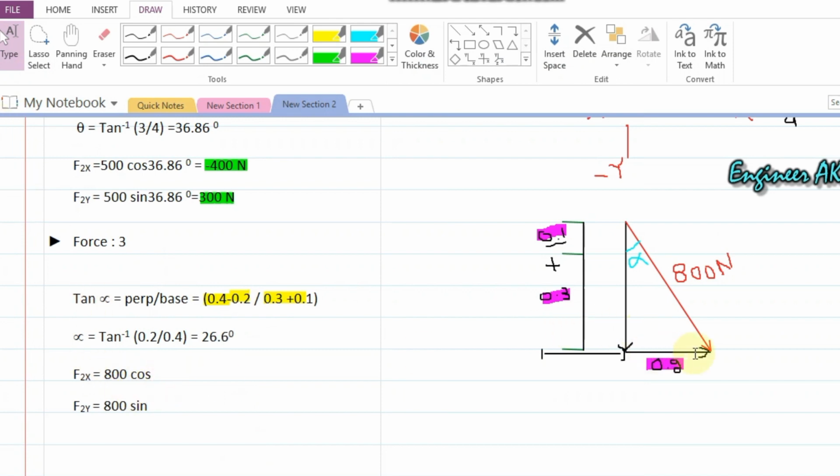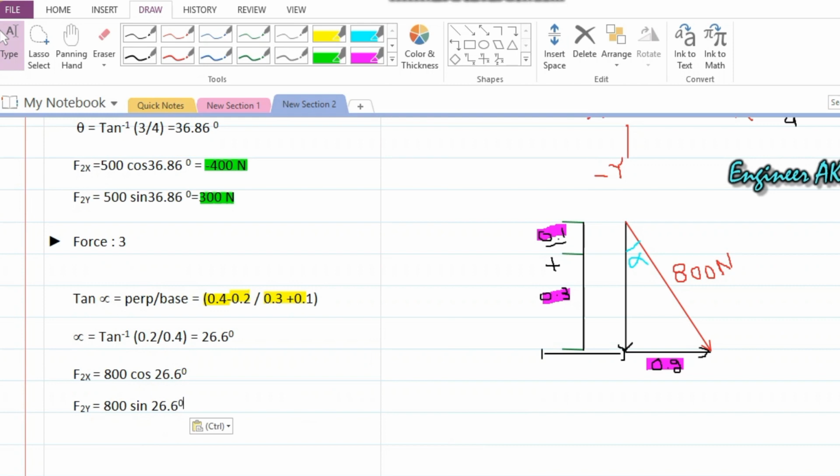So this will be the cos component, again this will be the cos component now, right? And this will be the sine component. So cos component and angle is, let me directly plug here, right?